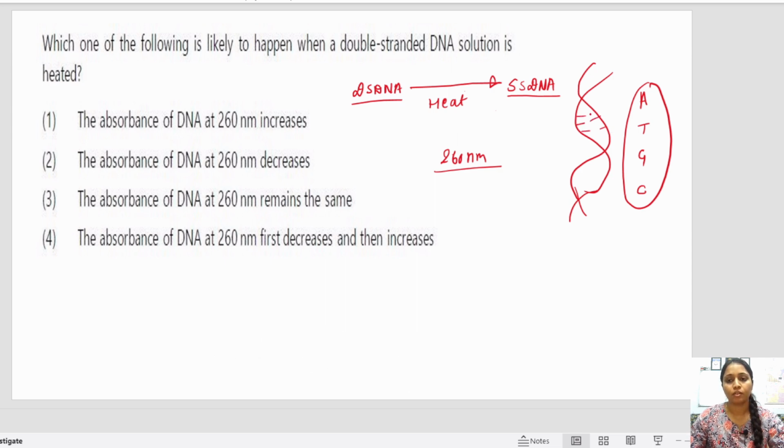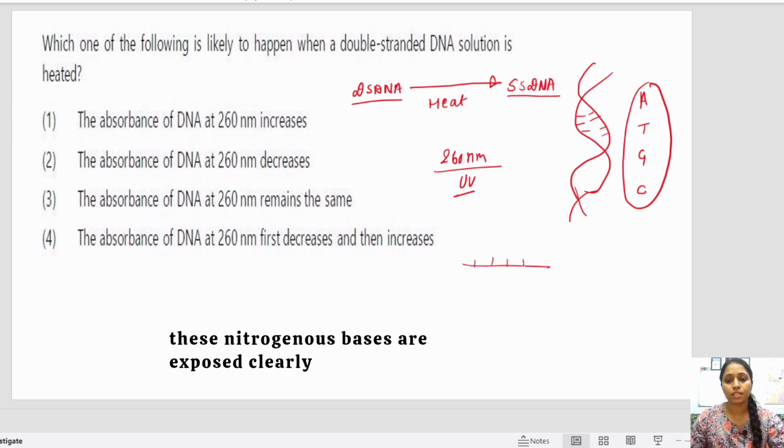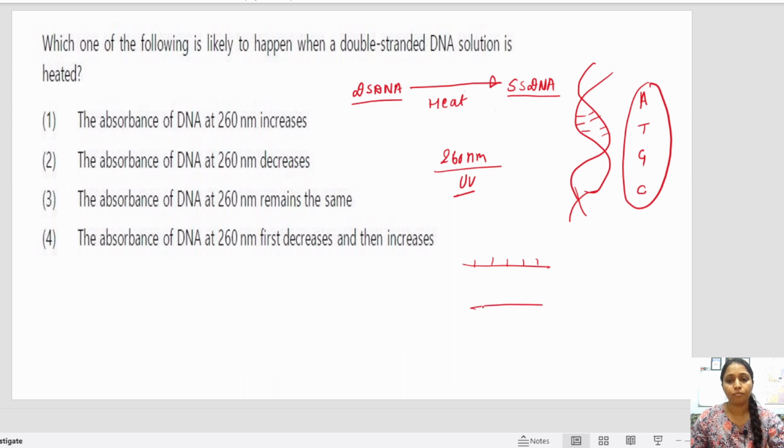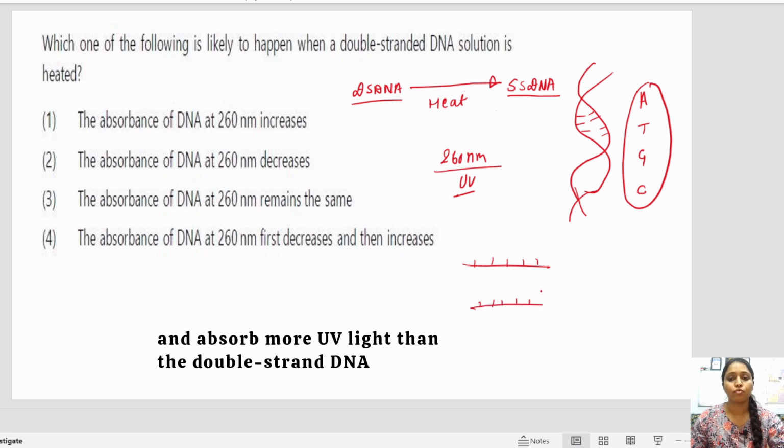So absorption of this UV light is decreased, and if we convert it into single-stranded DNA, these nitrogenous bases are exposed clearly and absorb more UV light than the double-stranded DNA.